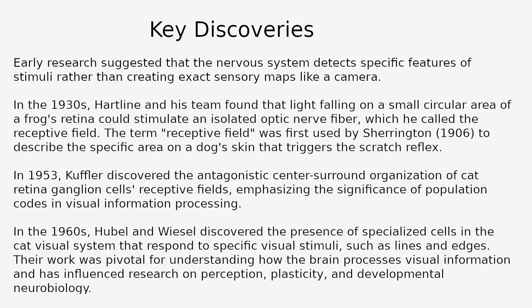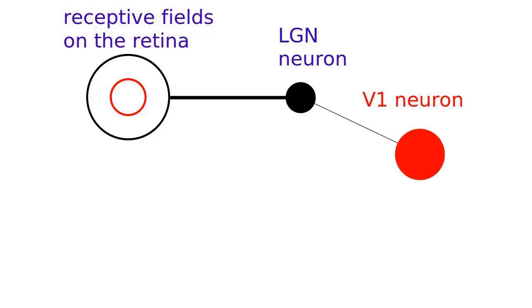Let's take a look at a simple example of how the hierarchical organization of receptive fields in the visual pathway allows for the detection of geometric features such as straight lines. This is the receptive field of a ganglion cell. The axon of the ganglion cell connects to a V1 neuron through the LGN.